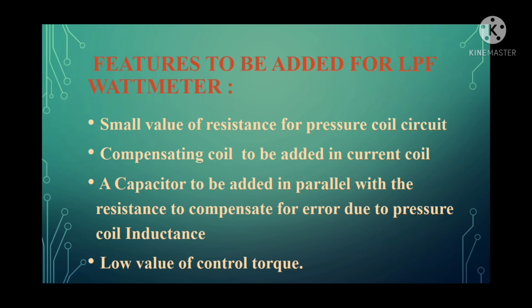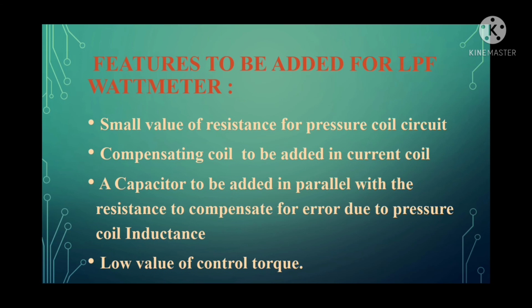So to compensate for this, the control torque is nothing but the opposite torque that has to be introduced to keep the pointer in a steady position. So when the control torque is very heavy, there will be a sudden effect on the pointer, so that it will show some erroneous reading.